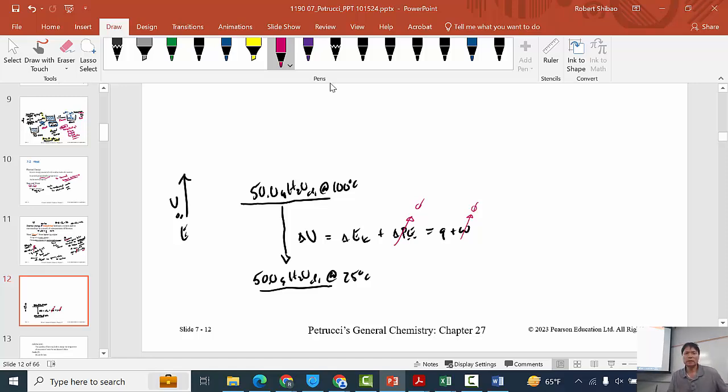There was no work done here. And so this change in internal energy is just equal to Q, which is equal to m C delta T. So we could figure out how much energy in heat or in delta U or delta EK we did, because delta U is equal to delta EK, which is equal to Q.